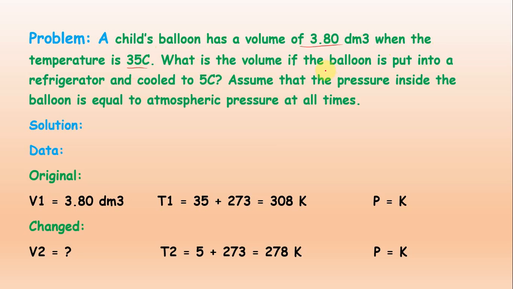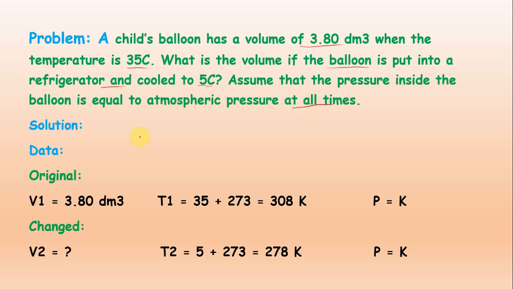What is the volume if the balloon is put into the refrigerator and cooled to 5 degrees Celsius? Assume that the pressure inside the balloon is equal to atmospheric pressure at all times. Now this is the problem related to Charles' law. How can we solve this with the help of the equation related to this law?